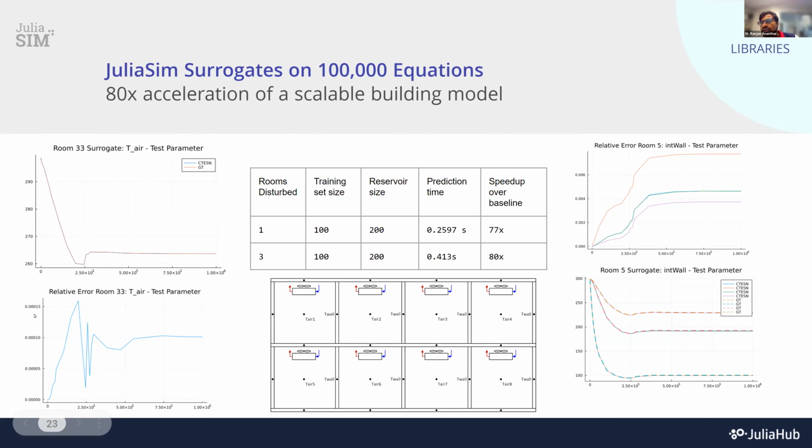It might be a little hard to see, but if you look at the y-axis on the relative error, you'll see that it's well below 0.1%. That's not to say that you'll always get 0.1% accuracy. It's just that if you train the surrogate model a certain amount of time, you will converge to that accuracy. That's the larger point I want you all to walk away with.